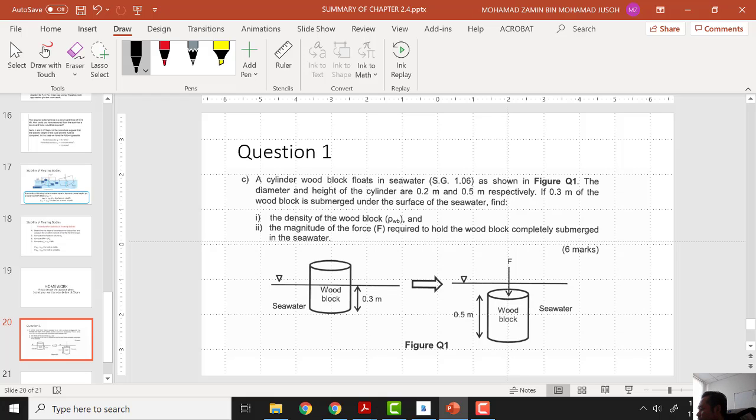If 0.3 of the wood block is submerged under the surface of seawater, find the density of the block first, and the magnitude of the force required to hold the block completely submerged in water. Okay, the force required to push the block completely submerged in water. I will show you later how to solve it, but you need to solve it yourself.